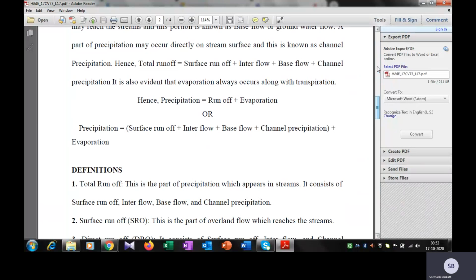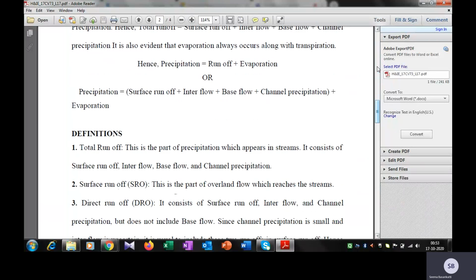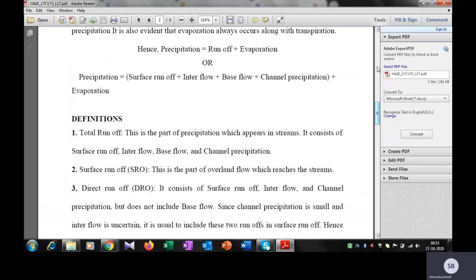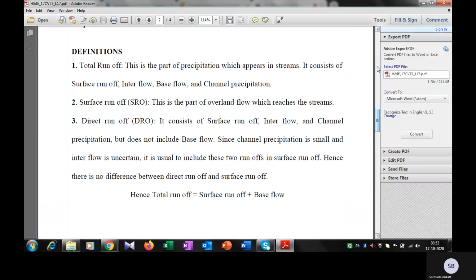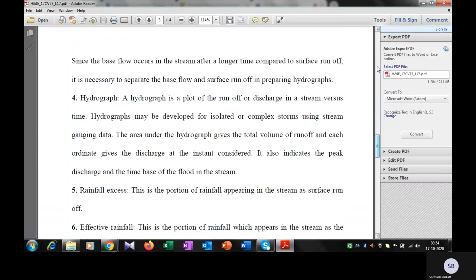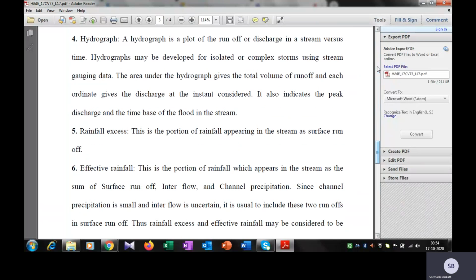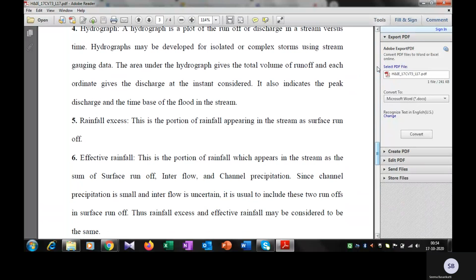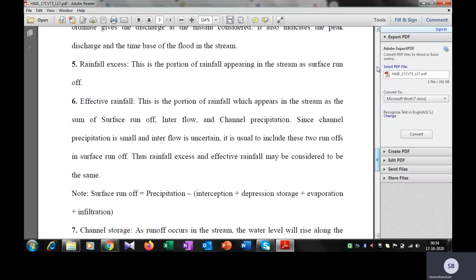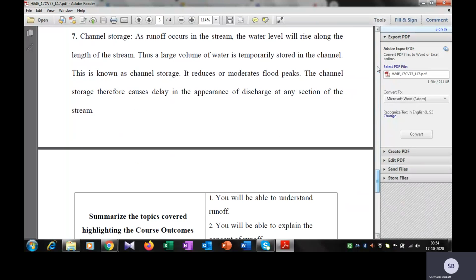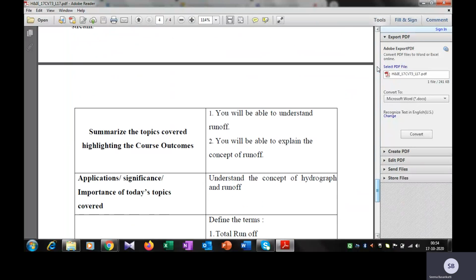After that, we discussed about various definitions like total runoff, surface runoff, direct runoff, hydrograph, rainfall excess, effective rainfall, and channel storage.